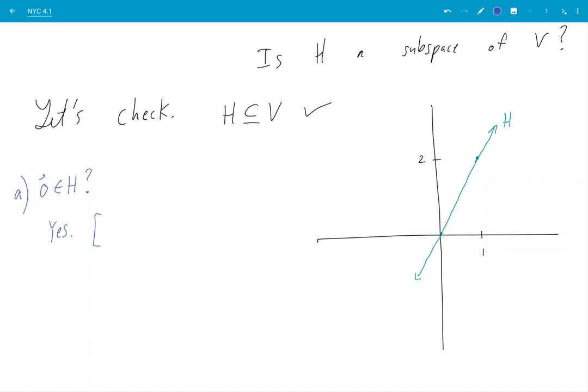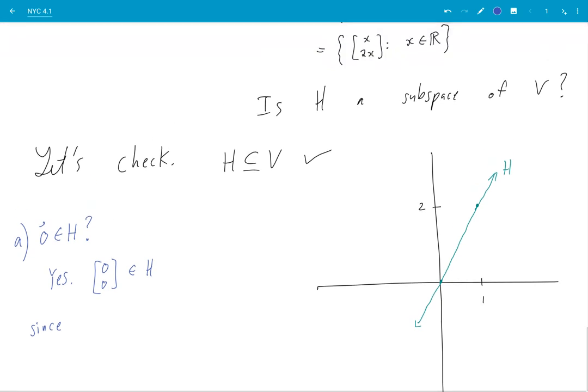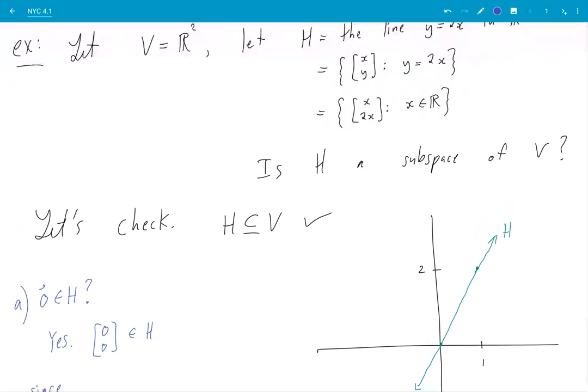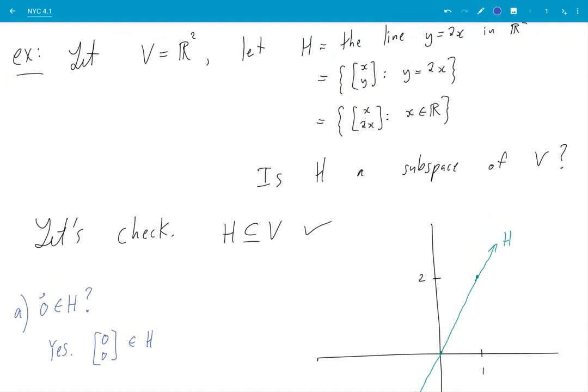Because (0, 0) is in H, since it passes the test. You can use whichever, I think maybe use this one. This is the kind of test you have to pass in order to get into H. This is what I have to check.